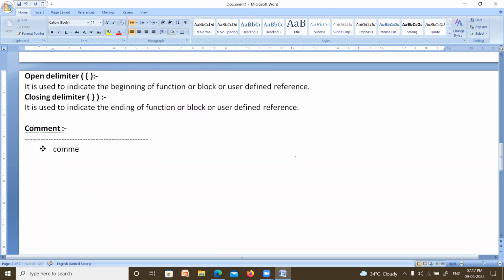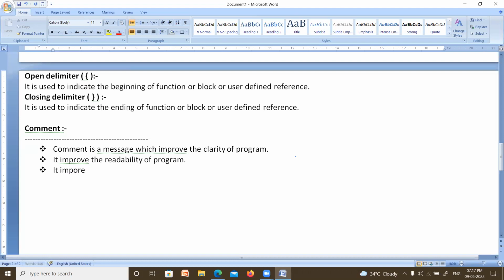So a comment is a message which improves the clarity of the program. It improves the readability of the program.